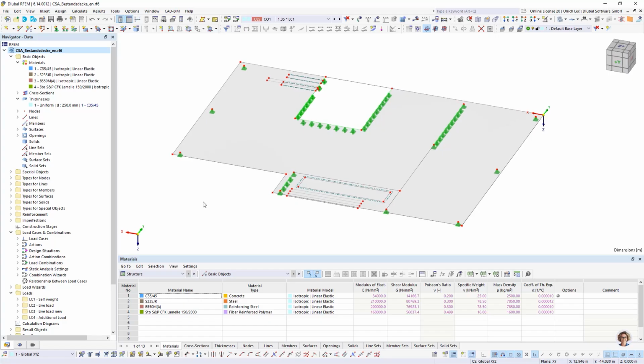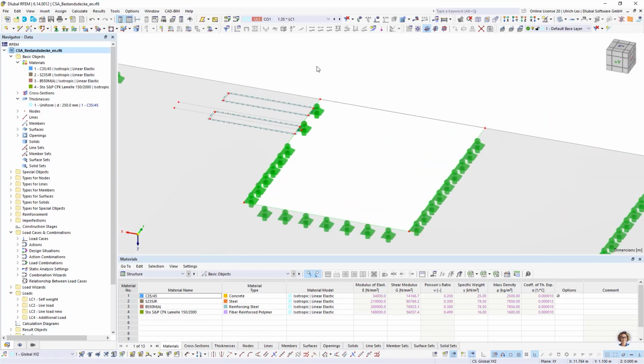So it is good to know, when we create different stages, to begin the modeling and to take a look at the state of the beginning and the state of the ending.